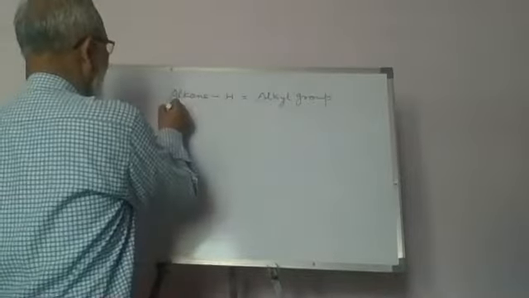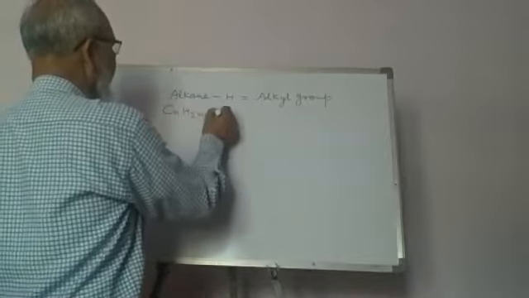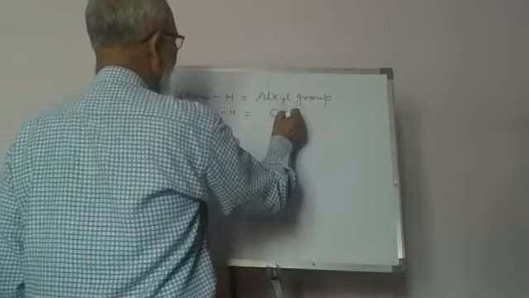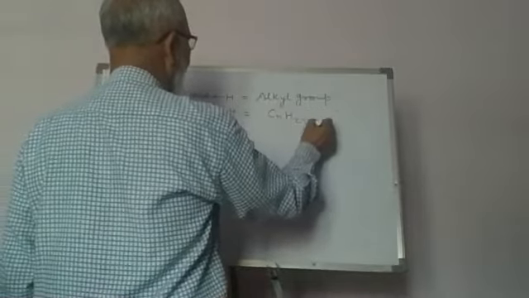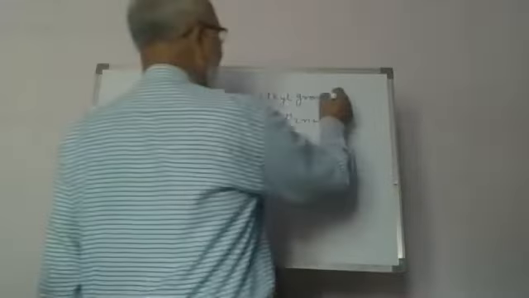You know the general formula of the alkane is CnH2n+2. So if you remove one hydrogen atom, the general formula of the alkyl group becomes CnH2n+1. So this is a saturated alkyl group.